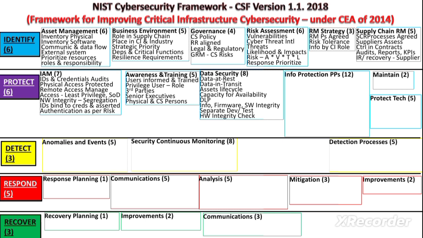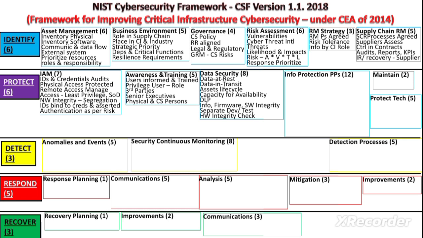Then you have to see the capacity of your information systems to ensure the availability of services, and then you also have to protect the data of your organization against any leakage, maybe by introducing the data leakage prevention or protection technologies.